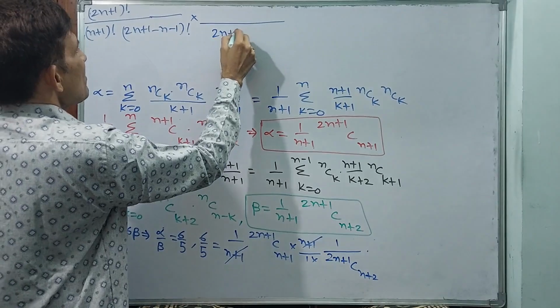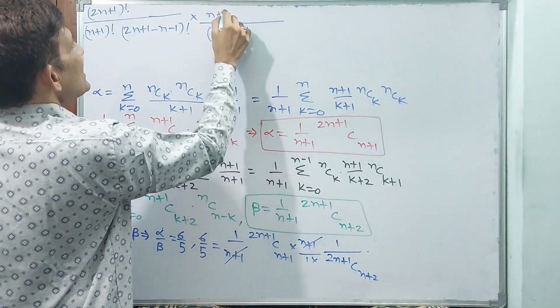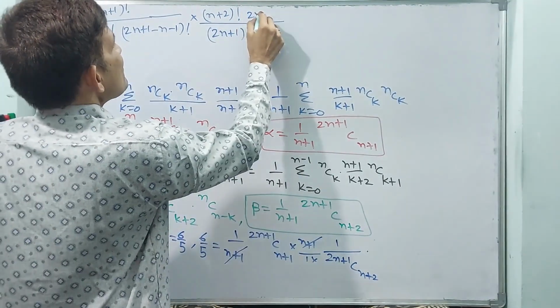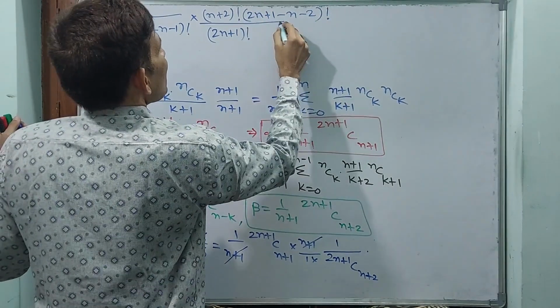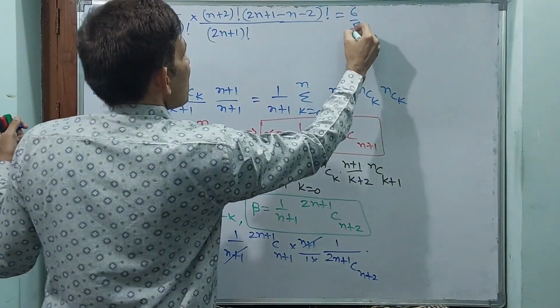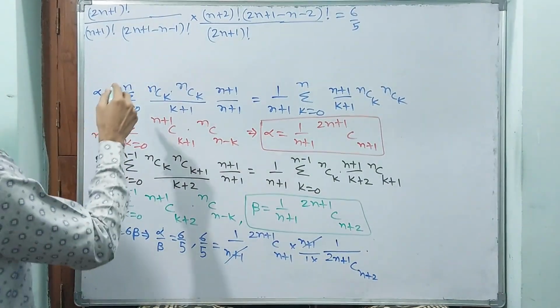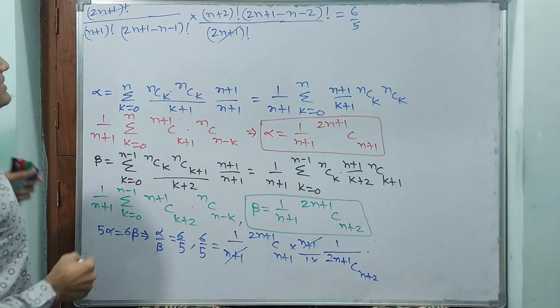That means (2n+1) factorial over (n+2) factorial, (2n+1 minus n minus 2) factorial. But this is equal to 6 by 5. That you keep in your mind. In this also, first step, (2n+1) factorial and (2n+1) factorial straight away cancel out.